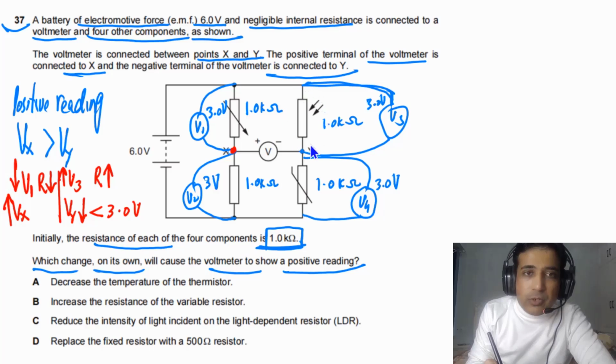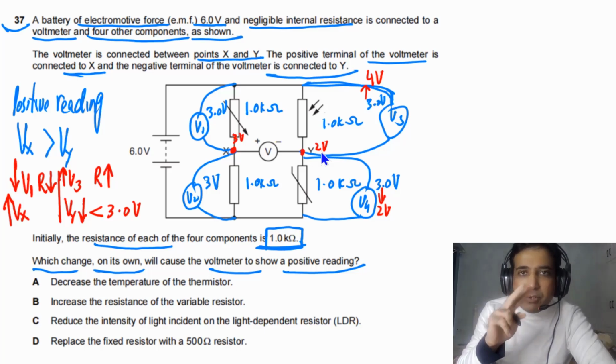If the potential drop across this one is greater, the reading on this one will go down. So when V3 goes up, let's say V3 increases to 4 volts, the reading on this one will decrease to 2 volts. If Vx remains the same at 3 volts, there will be a positive reading. So we have these two possibilities.